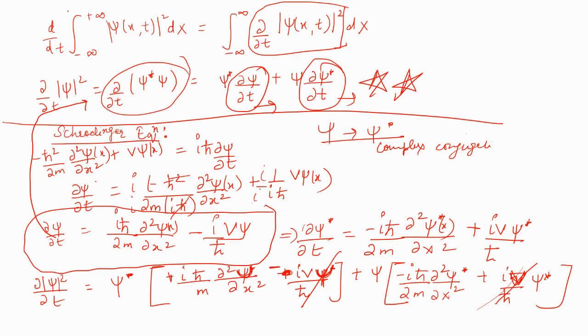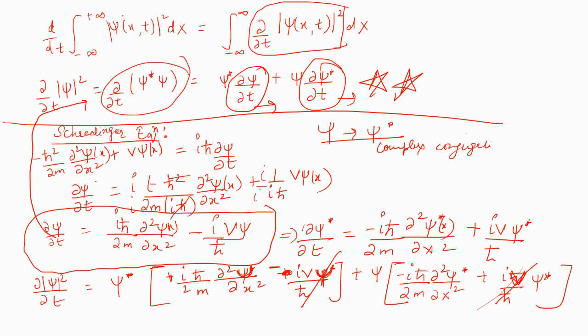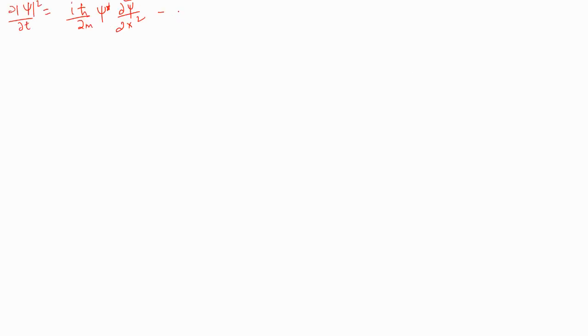d by dt of psi star psi is equal to what? All the terms: iota h cross upon 2m psi star d2 psi by dx square, and minus iota h cross upon 2m psi d2 psi star upon dx square.